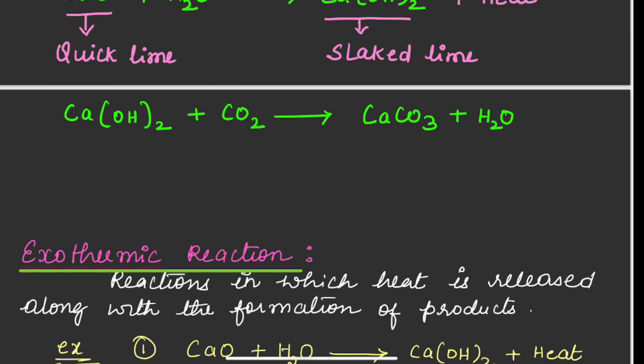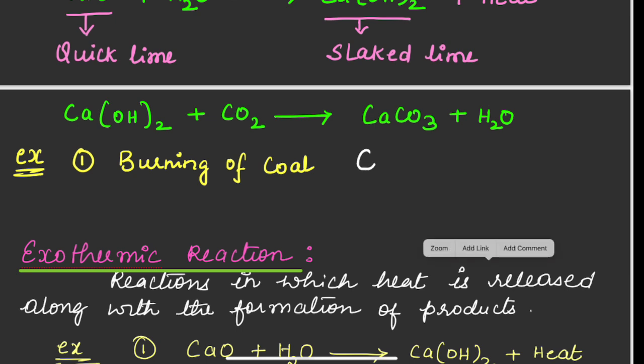Next, some more examples of combination reaction. First example is burning of coal. What is the chemical equation for this? Coal means carbon. Carbon is the formula for coal.